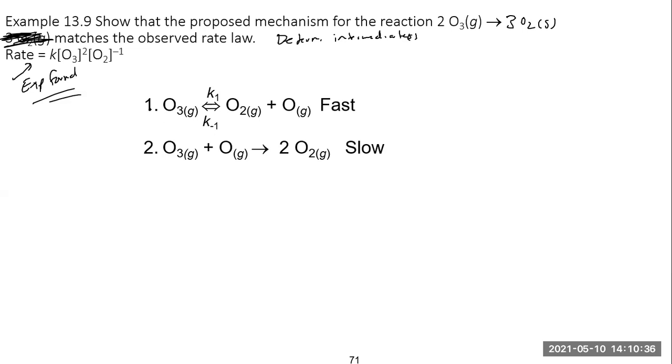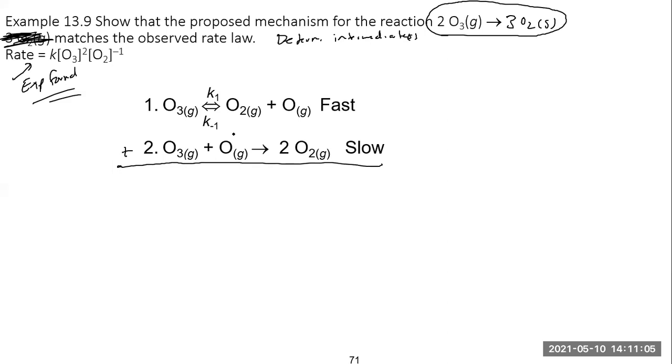Okay, so let's take a look here and see. So remember, in order for us to determine if this is a good or bad mechanism, or a plausible mechanism, what we're looking for really are those two things. We want to make sure that when we add up all the steps there, it should equal, in this case, the overall reaction that we're looking for. So that's usually a fairly good place to start. So we could just simply do that by adding these together.